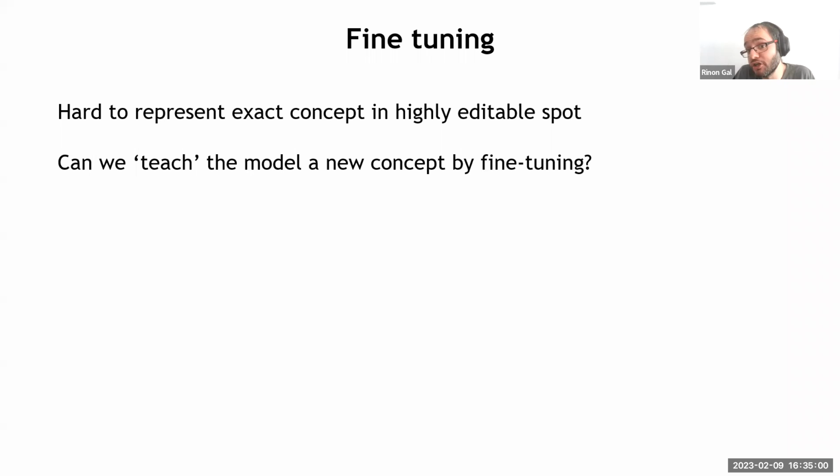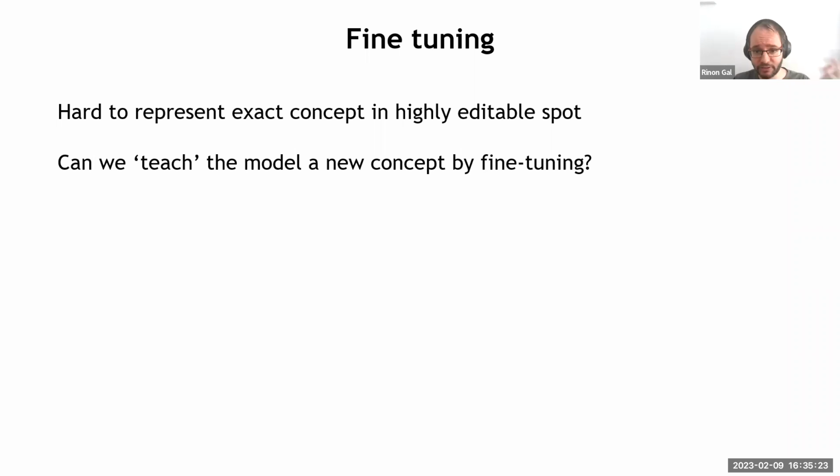But we can kind of cheat and avoid this by just not moving around in the latent space, but changing the model itself, right? But doing this naively tends to cause catastrophic forgetting and leak the concept into everything else that the model can produce. So we can see this visually.